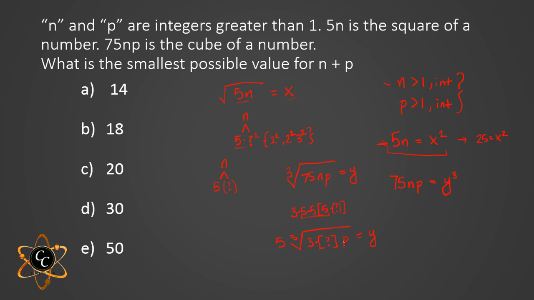We have to make sure that this 3 can be brought out by the prime factorization, which is in p. We know that the prime factorization of p must contribute at least 2 more 3s in order for this 3 to come out of the radical so that we can have our number y be a whole number.